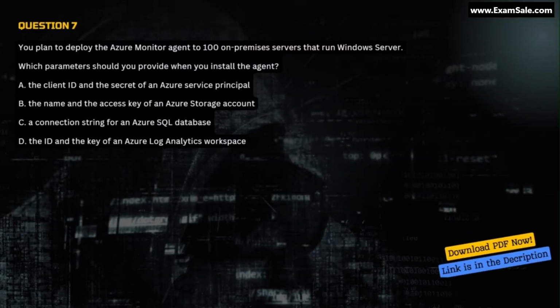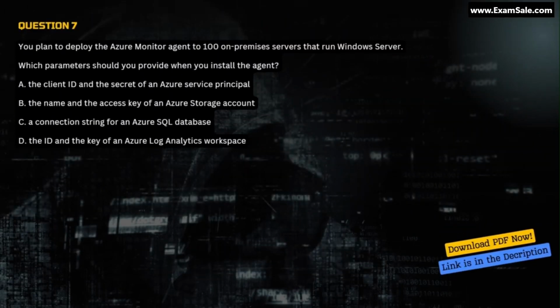Question 7. You plan to deploy the Azure Monitor agent to 100 on-premises servers that run Windows Server. Which parameters should you provide when you install the agent? A. The client ID and the secret of an Azure Service Principal. B. The name and the access key of an Azure storage account.